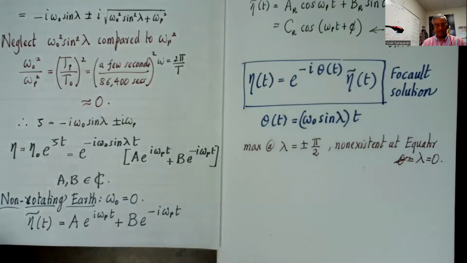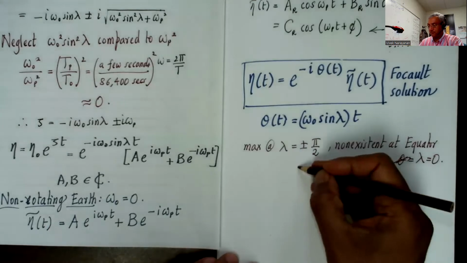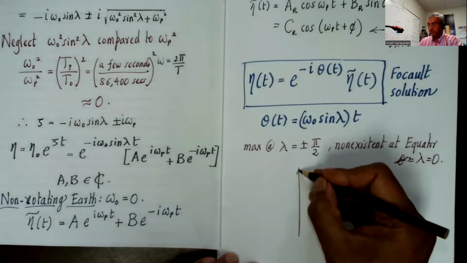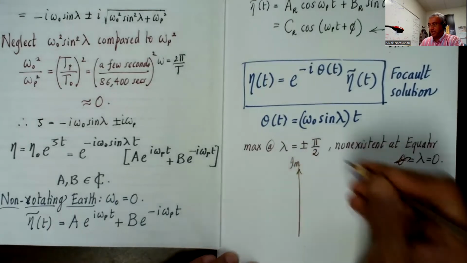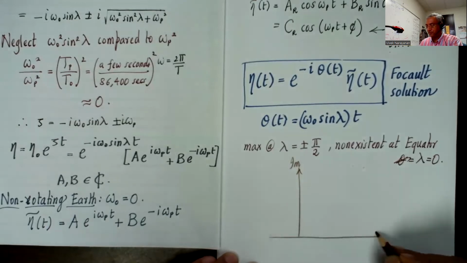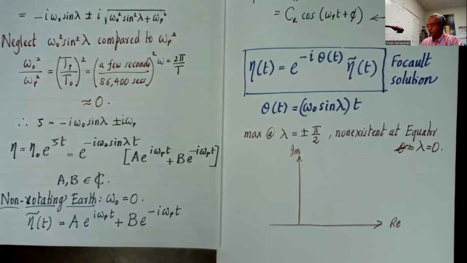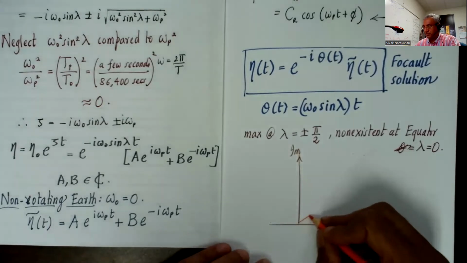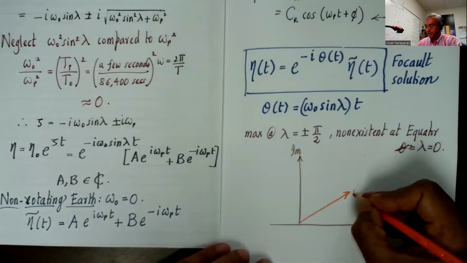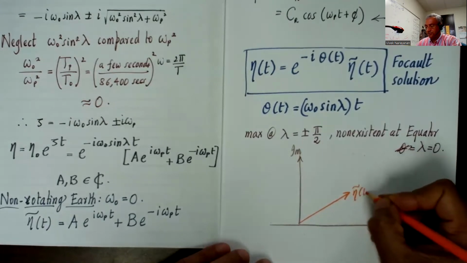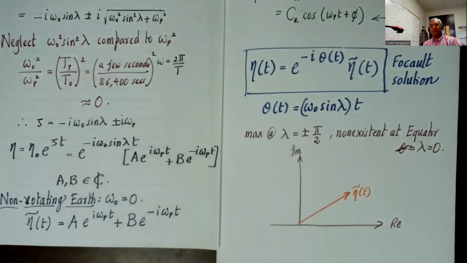Now there's a very pretty geometric interpretation for this whole thing. And that is this. Let's look at the floor of the museum, which has now become a complex plane. So there's the imaginary and there's the real. So if you plot the eta tilde vector, it's going to be some vector that's going to look like that.